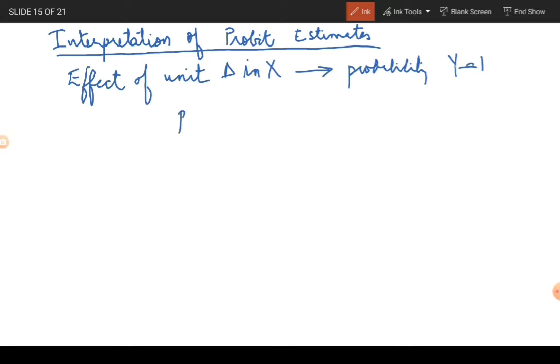We know that the probability Pi in our Probit model is a function of, it's a capital F to denote that this is a cumulative distribution function. It's a function of our index Ii, where Ii is equal to beta 1 plus beta 2 xi.